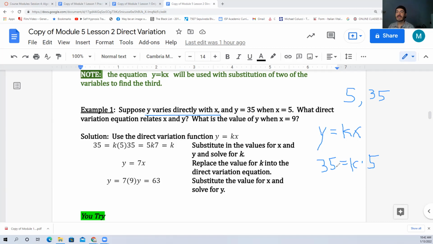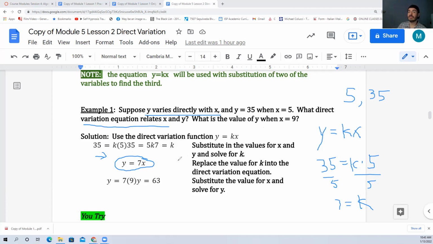Well, if I divide both sides by 5, I end up with 7 equals k. y is equal to 7x. Here we go. That is my equation. So what direct variation equation relates x and y? This one right here.